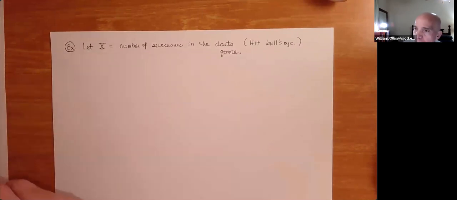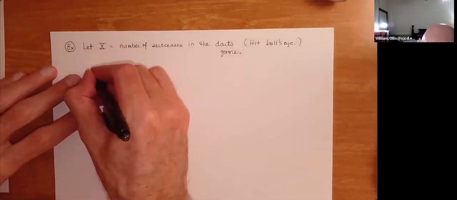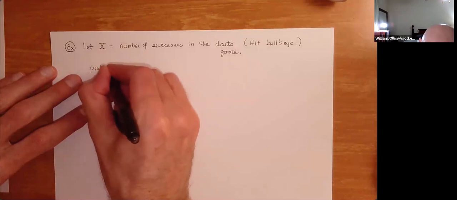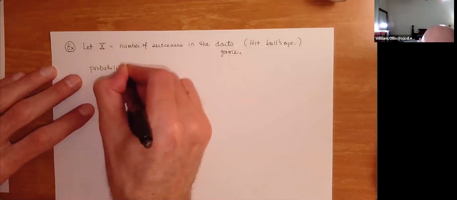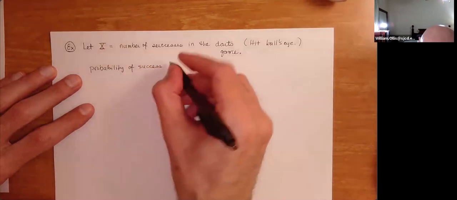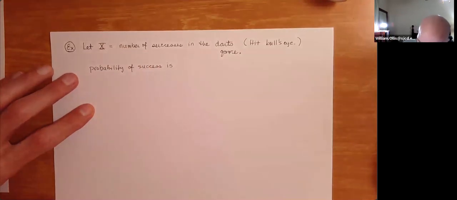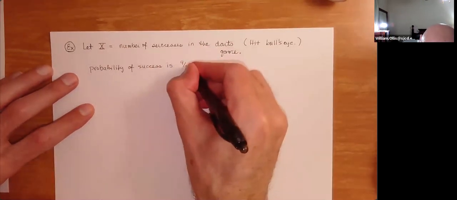I'm going to say I've done some probabilities on a particular dart player, and they're really good. And we'll say that the probability of success, that is when one trial of throwing the dart, is 9/10.